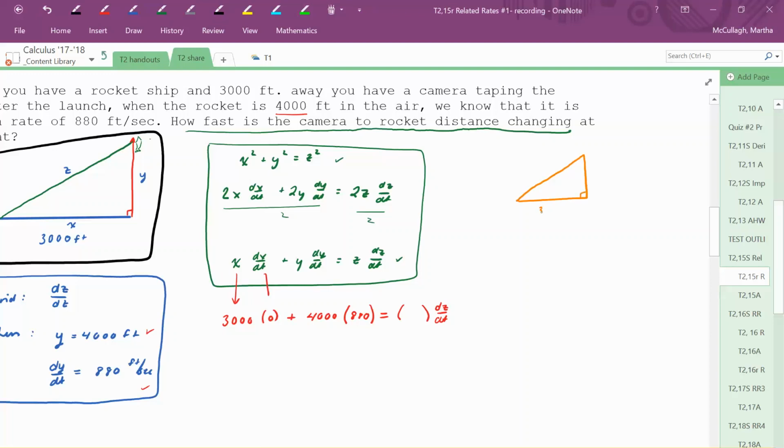At this point in time, this distance is still 3,000. This distance at this point in time is 4,000. So if I want to find z, I can either use the Pythagorean theorem, or I can recognize that this is a 3, 4, 5 right triangle and get the same value as I would with the Pythagorean theorem, that z must be 5,000 feet.